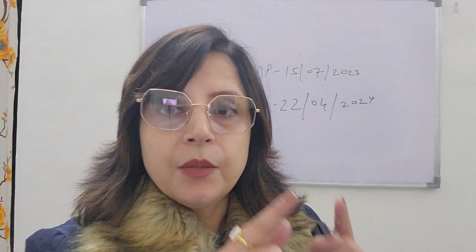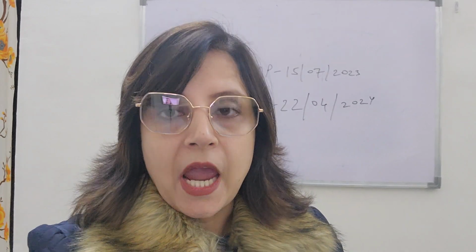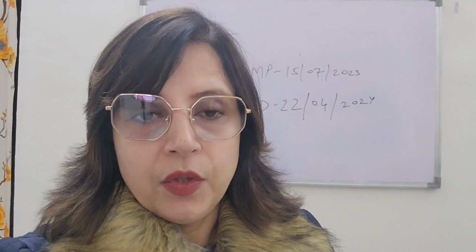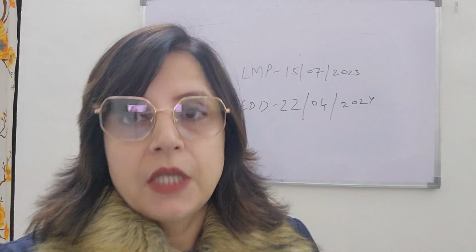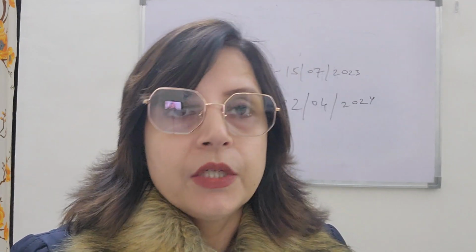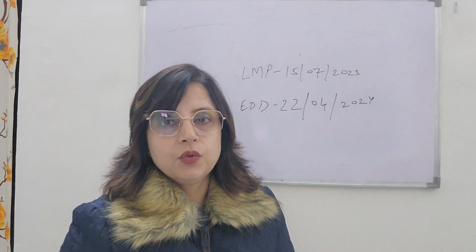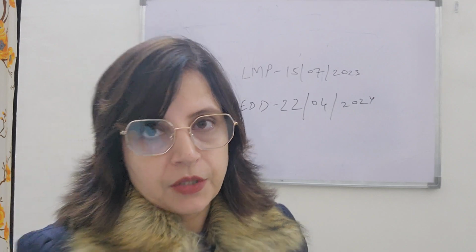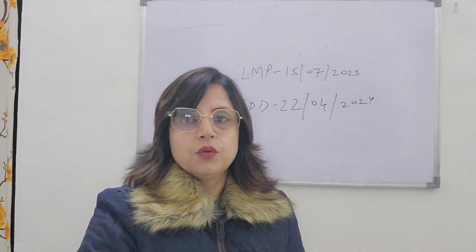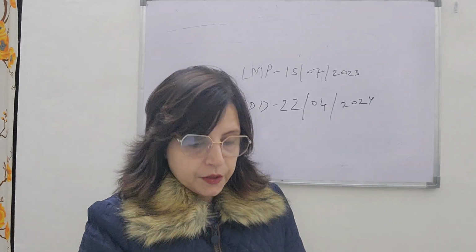The EDD remains the same. You just add on the days on which you next see that lady. That is important to diagnose cases of fetal growth restriction accurately. This is very important, that you do not change the expected date of delivery after first trimester. So you always go back to your first trimester notes.